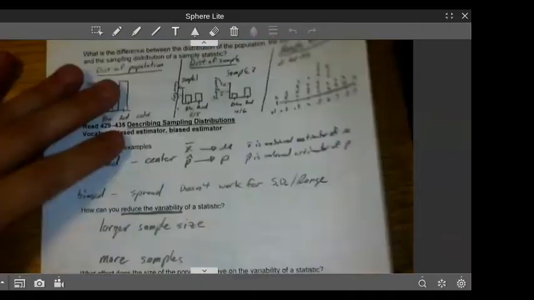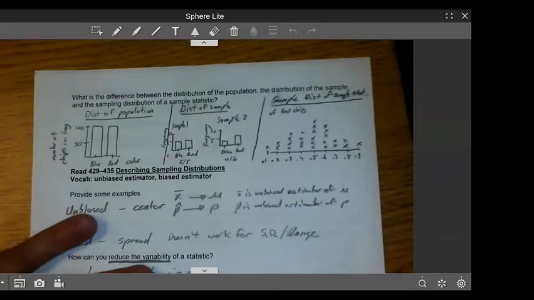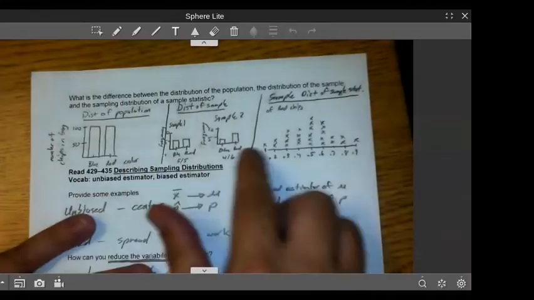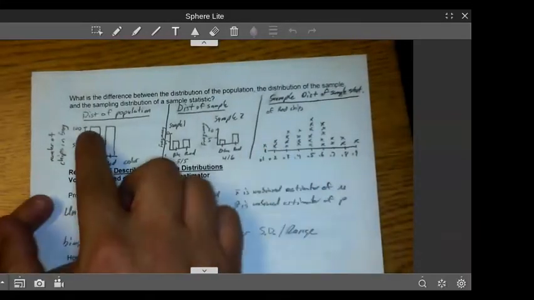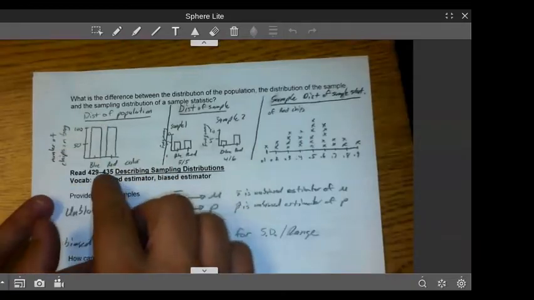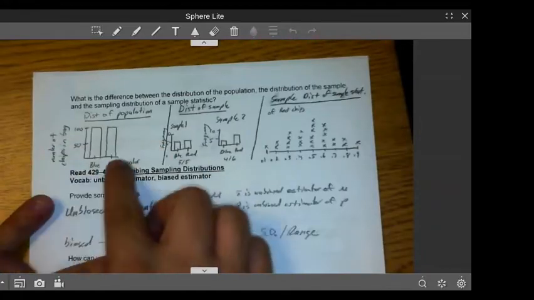All right, the next thing is a difference in vocab: distribution of a population, distribution of a sample, and sampling distribution. I've just copied this basically right out of the textbook. For the distribution of a population, I have 200 chips in a bag, 100 blue, 100 red, broken up 100 and 100 amongst the total population.